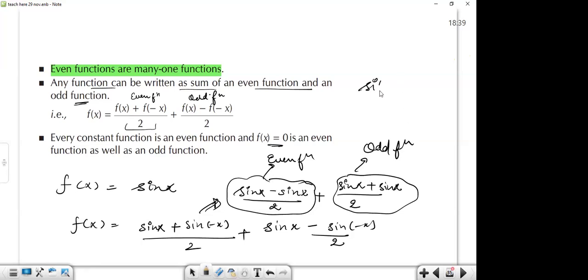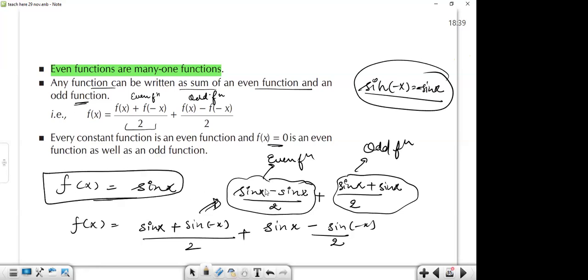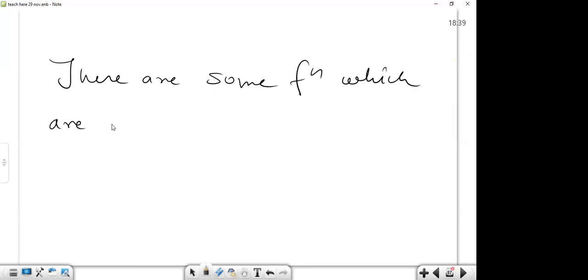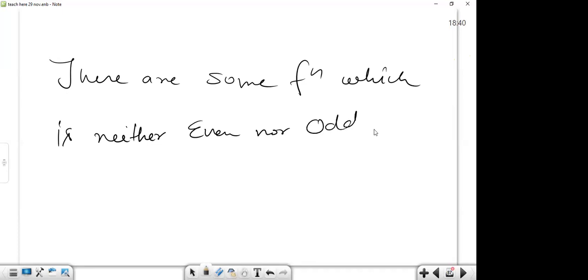Clear? Because sine of minus x is minus of sine of x. That's why this is an odd function. So basically the function was already an odd function, that's why we had to call 0 as an even function here. There are also some functions which are neither even nor odd.